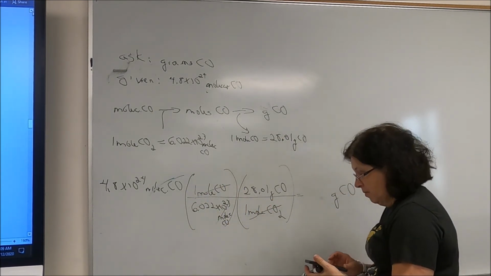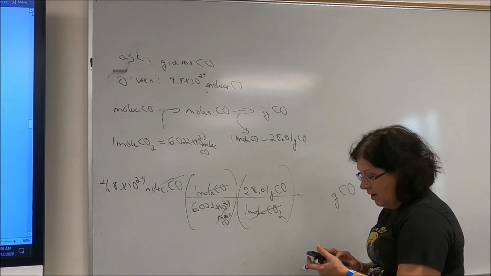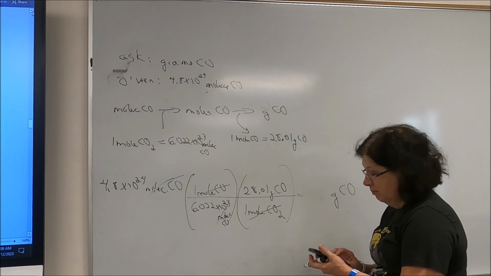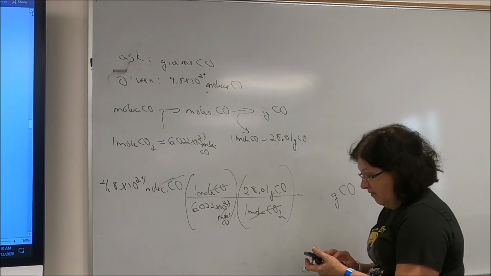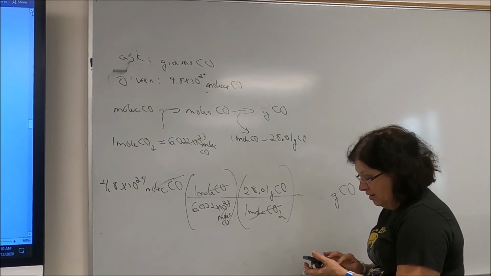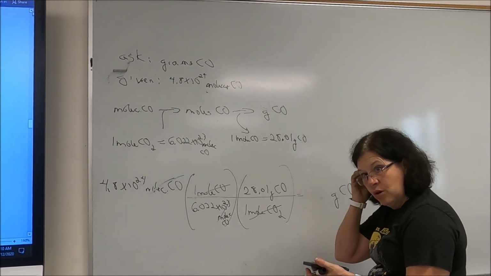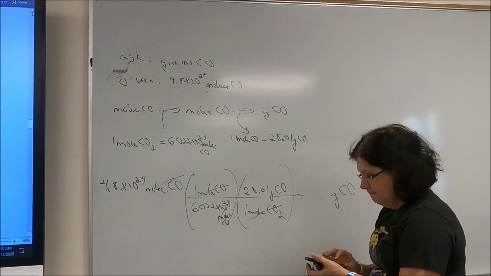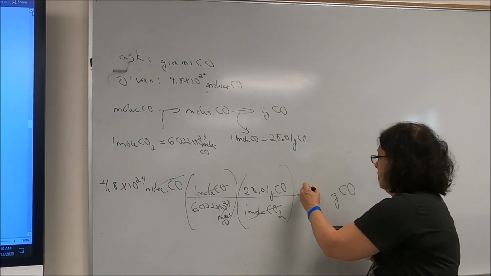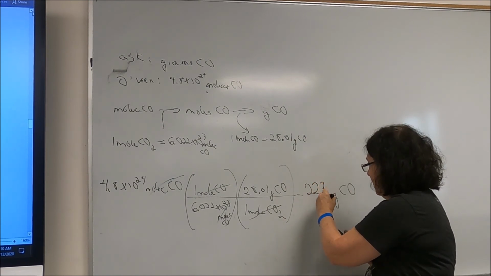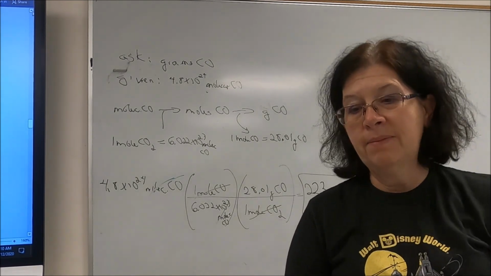Moles of carbon monoxide divide out, so 4.8 EXP 24 divided by 6.022 EXP 23. When I say EXP, that means that I'm using the exponential notation button on my calculator, times 28.01. I'm going to need 223 grams of carbon monoxide. Okay?